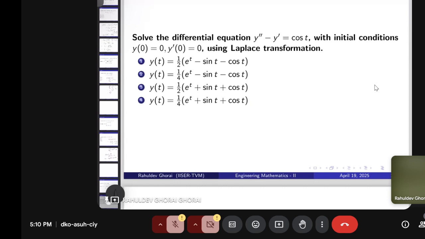Now I'll show you how to solve this. If you put L of this whole thing, L of y double prime minus L of y prime will be L of cos t, right? So what is L of y double prime?